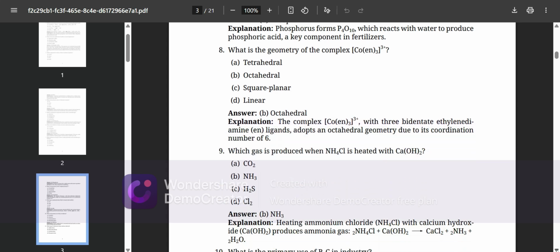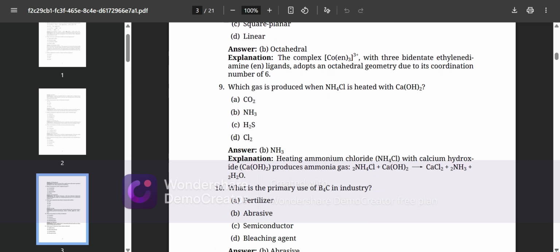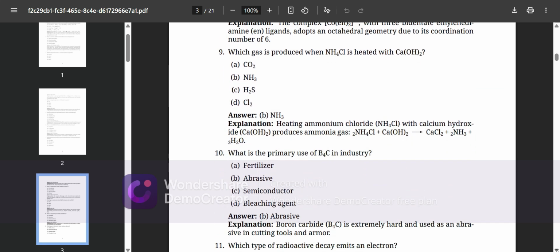What is the geometry of the complex [Co(en)3]3+? Octahedral. The complex [Co(en)3]3+ with three bidentate ethylenediamine ligands adopts an octahedral geometry due to its coordination number of 6. Which gas is produced when NH4Cl is heated with Ca(OH)2?